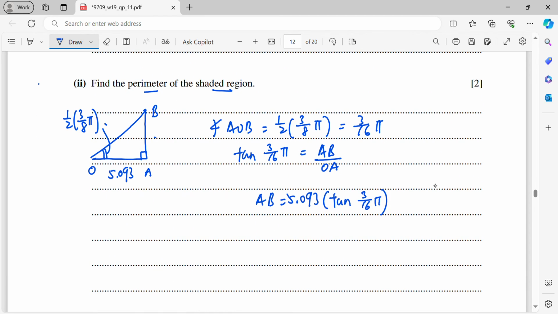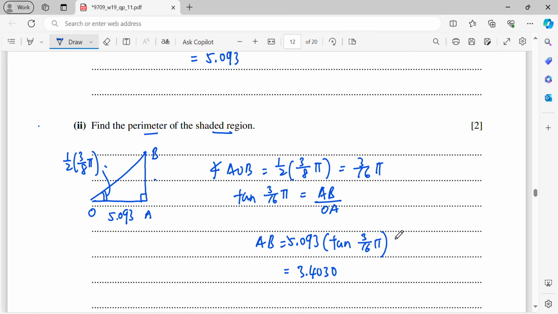Therefore, this is going to be 3.4030. I give more significant figures here, okay, because this is the working.